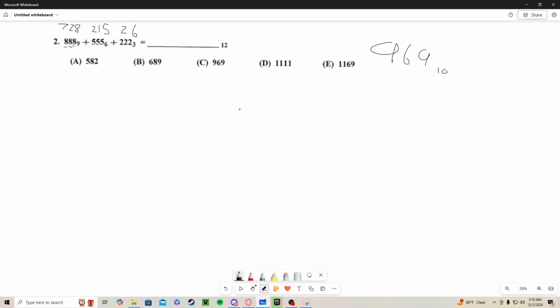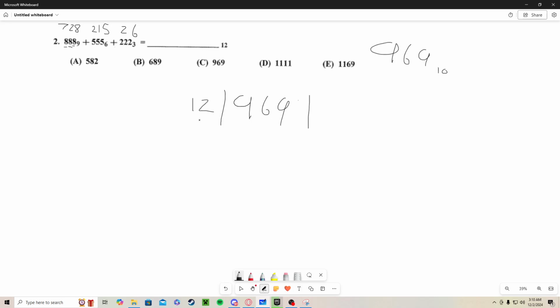So the way you would do this is you grab the number you got in base 10, and you want to divide it by 12 and then get your remainder.